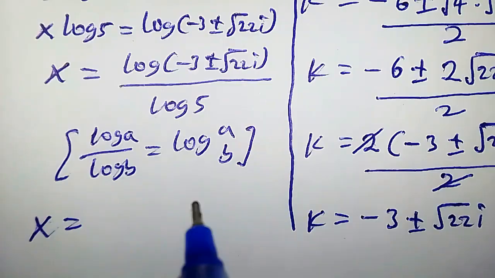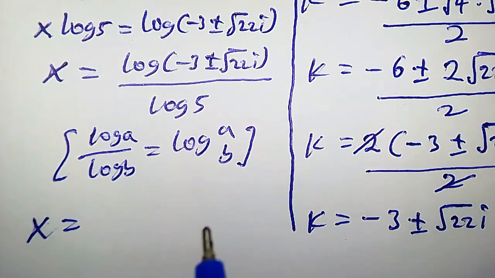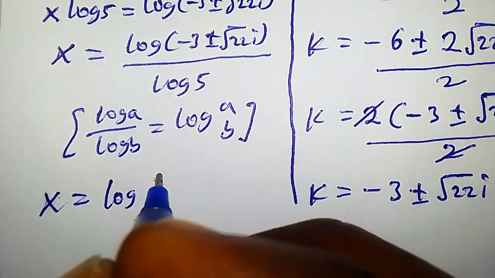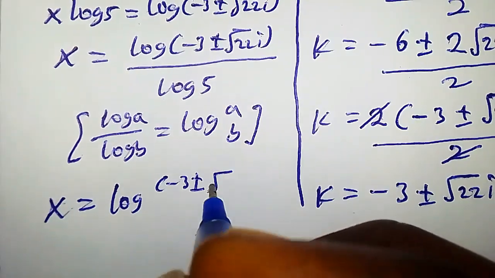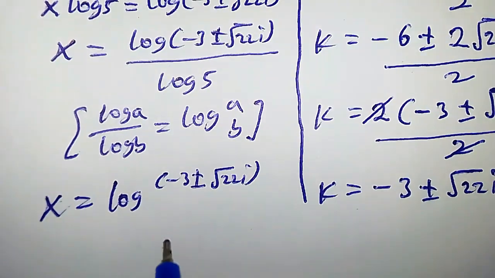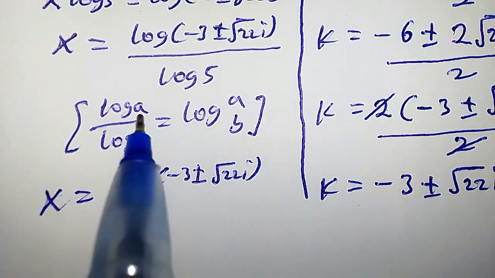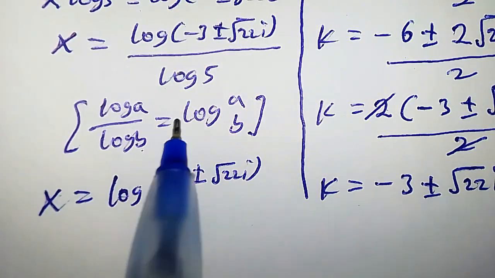x is equal to, applying this identity to this guy, we simply have log of minus 3 plus or minus square root of 22i base 5. That is by comparing a is minus 3 plus or minus square root of 22i, while b is 5.